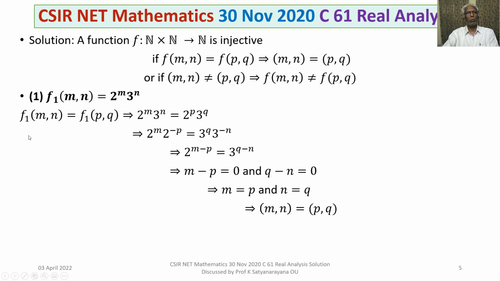Thus we have proved f1 of m comma n is equal to f1 of p comma q implies m comma n is equal to p comma q. This shows f1 is injective and option 1 is true.